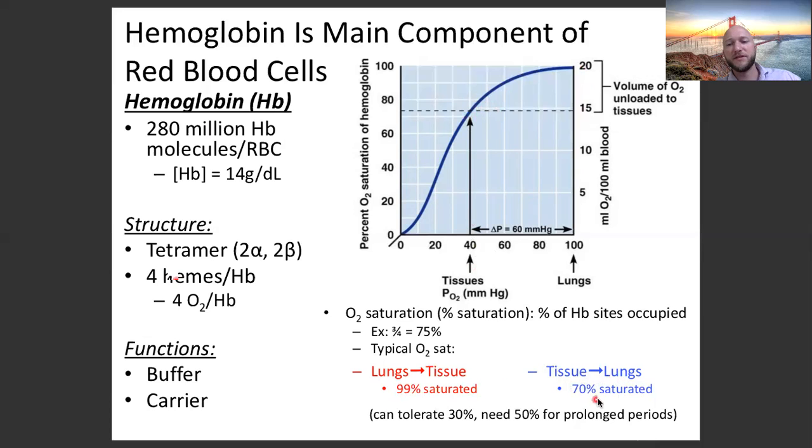We're going to have about 70% saturated blood in our venous system as the blood returns back to our heart and then goes into our pulmonary artery and back to our lungs to pick up more oxygen. Our bodies can tolerate 30% saturation for short periods of time. For long periods of time, we need at least 50% saturation.